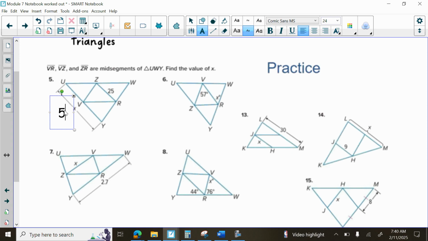Yeah, X would be 50. You understand why? Anyone not understanding? Please, if you have questions, this is the time to ask. No? All right. One thing I didn't go over is the angles.